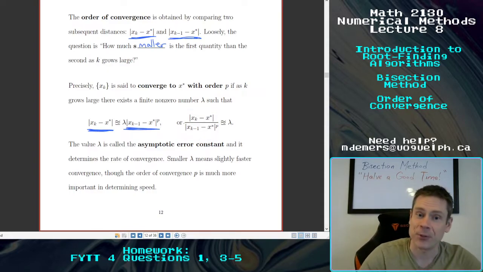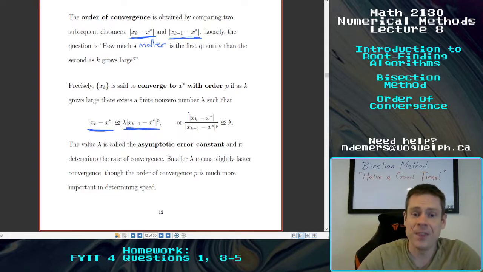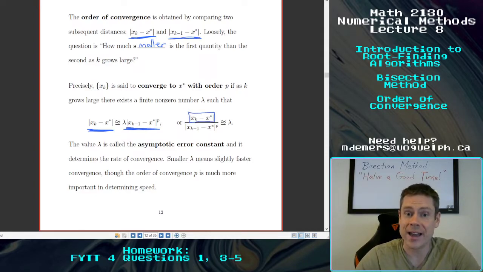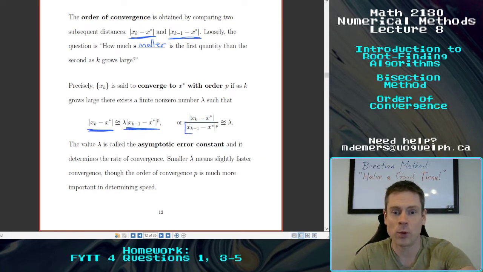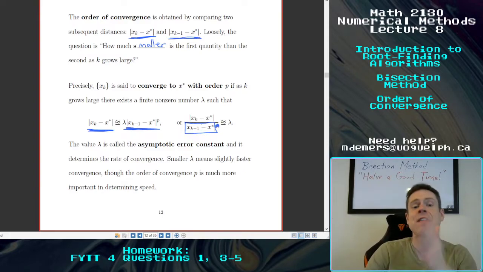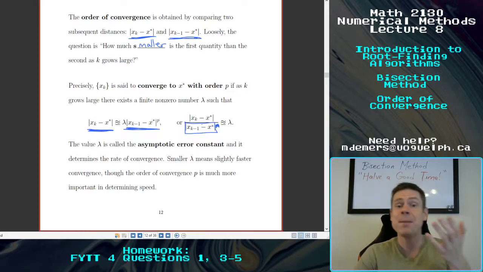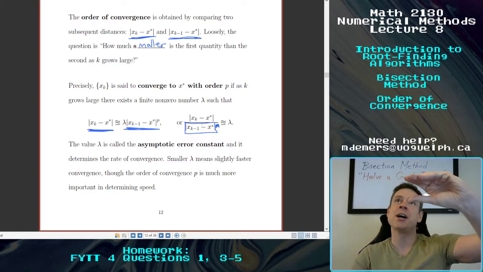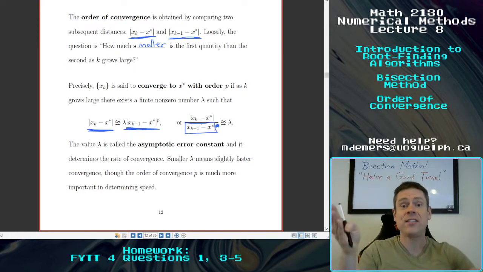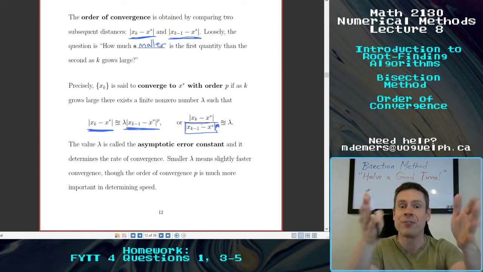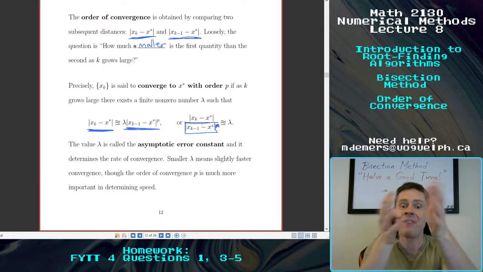I want you to think about this a little bit. This quantity, again, should be smaller all the time than this quantity right here. Forget the p for a second. Imagine that p is equal to 1. Maybe with every successive estimate, the distance you are to the final solution is halved and halved and halved again.